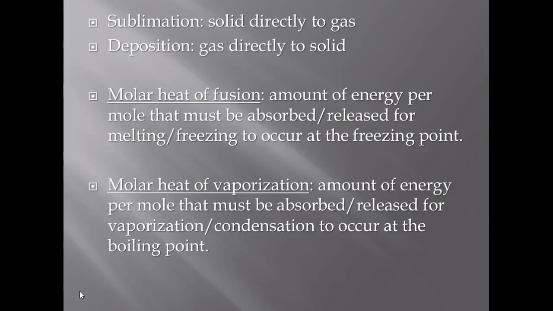Alright, so I keep saying there's energy associated with these phase changes. We actually have names for that specific energy. So for freezing or melting, it's called the molar heat of fusion. Remember, heat is just another form of energy. And it's called molar because the values are given to you per mole.